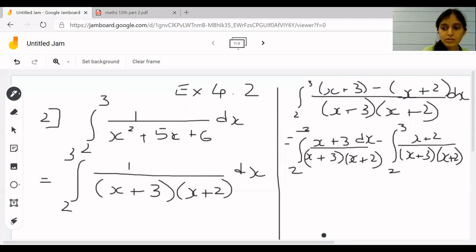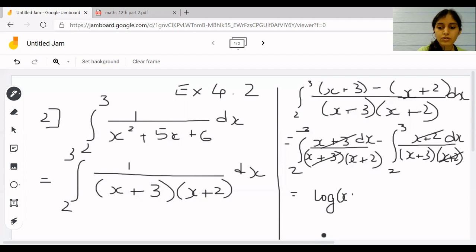So this was simple integration at least. Then what you have to do is substitute the limits and get the answer. First of all, what is integral of 1 upon x plus 2? It is log of x plus 2. Now we apply the limits, lower limit 2 and upper limit 3, minus log of x plus 3.